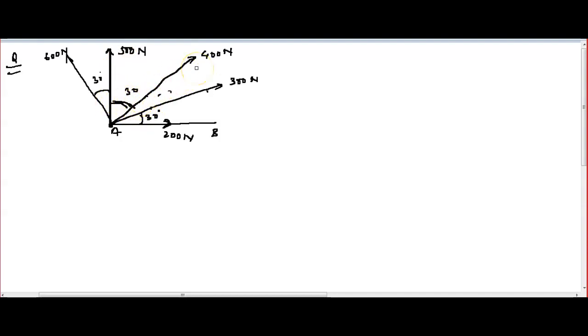30 is fine. Okay, and if both are given, consider this is 400 and this is given 60. So automatically you know this is 60 here, so this will be 30 only. If I am considering this angle here, then I do not have to consider the other one now, right?